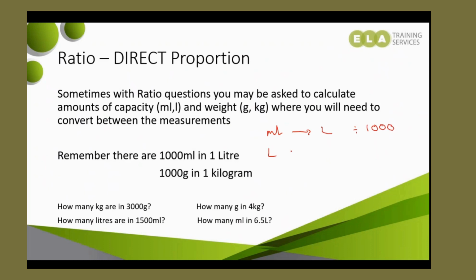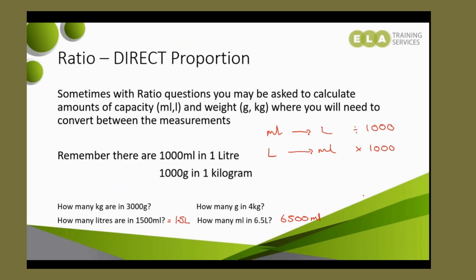And to go from litres to millilitres, we times by 1,000. So, for example, how many litres are in 1,500 millilitres? We divide it by 1,000, which gives us 1.5 litres. And how many millilitres are in 6.5 litres? We times by 1,000, which is 6,500 millilitres.